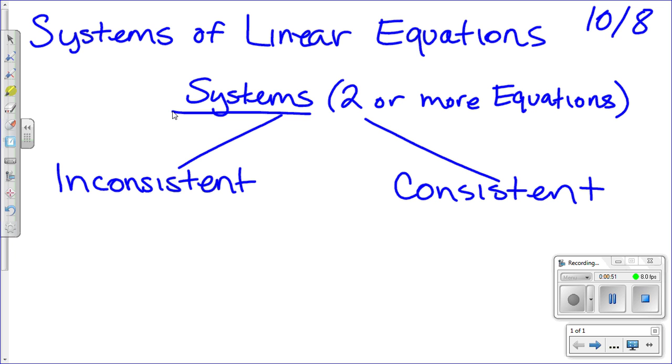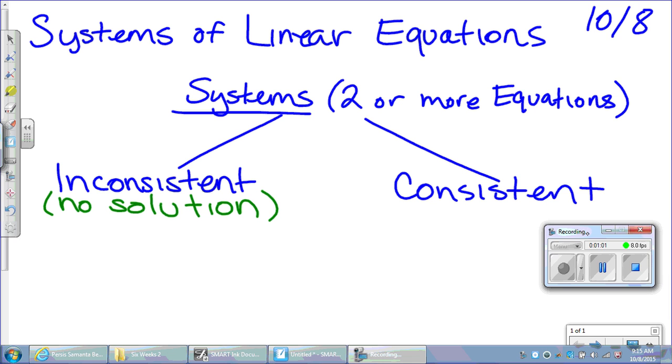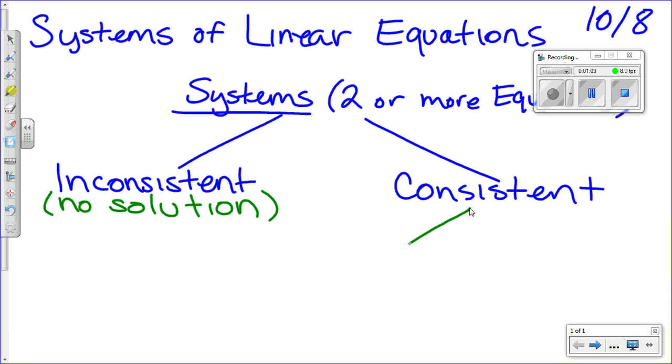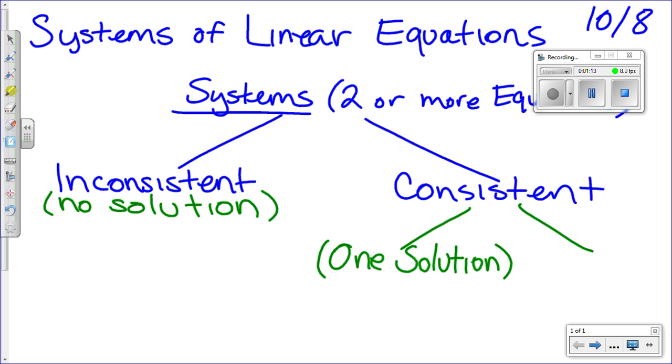An inconsistent system is something that has no solution. A consistent system is going to have one solution or an infinite amount of solutions.